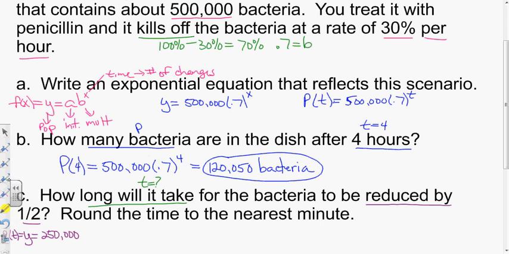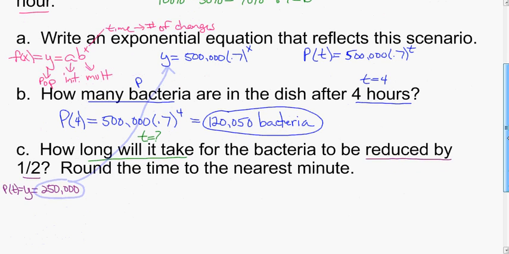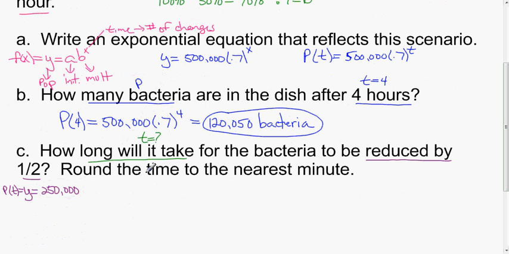So what I'm going to do is take that 250,000 and plug it into my function for y. So when I set that up, it's going to look like this: 250,000 is equal to 500,000 times 0.7 to the t.